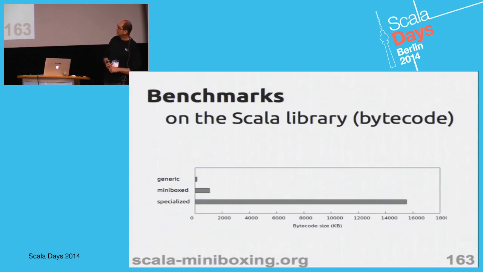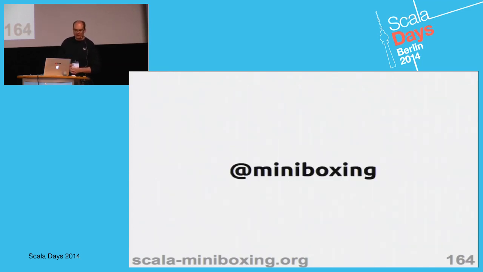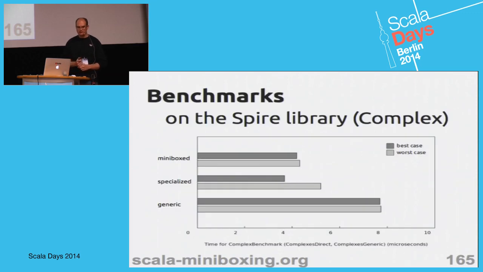And then specialized is about 100 times more than generic. So I guess you could live with a bit larger library to reap the benefits of not boxing, but not 100 times more.